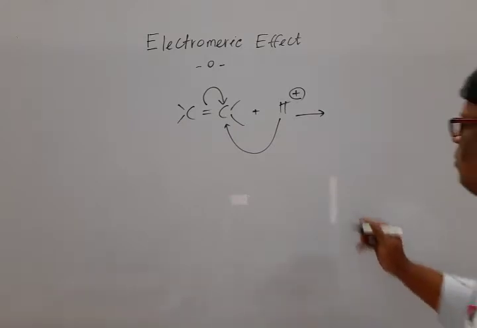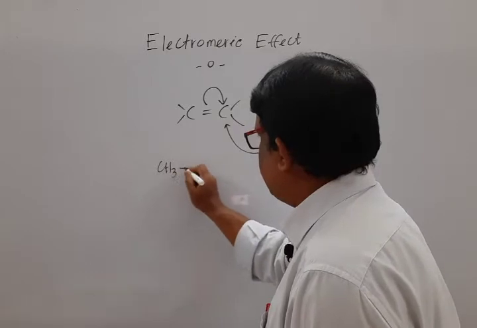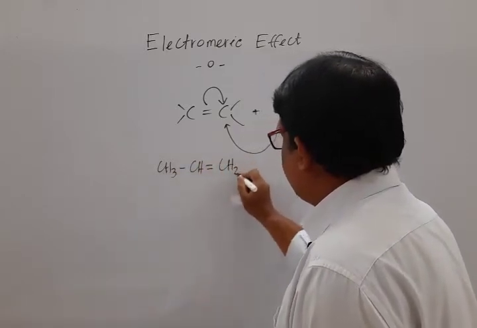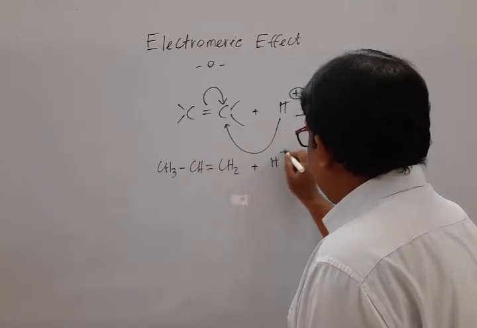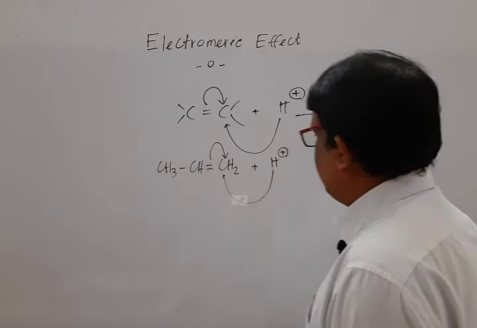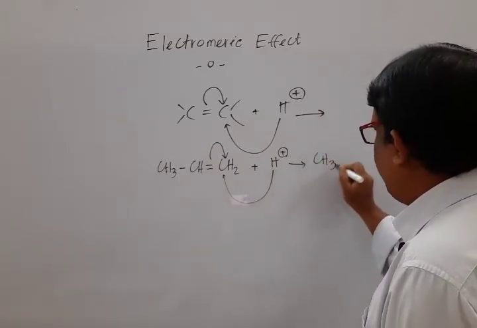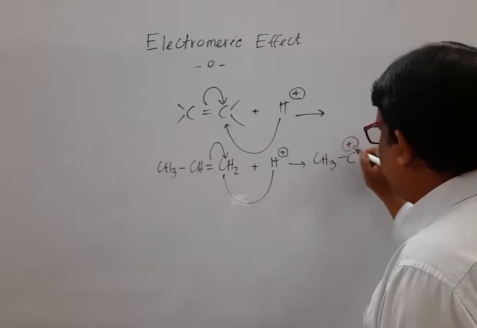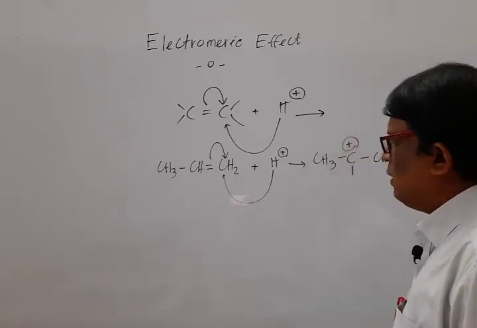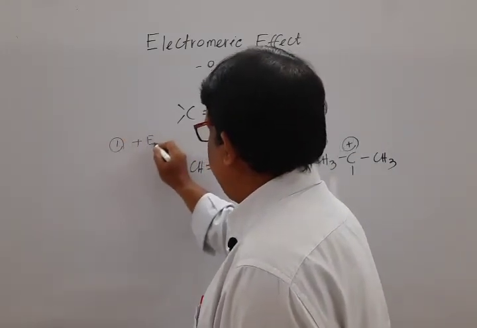A suitable example of a multiple bond is CH3 CH double bond CH2, and the attacking reagent is a proton. This one attacks here, the bond shifts to here, resulting in the formation of a carbocation. It is an example of plus E effect.